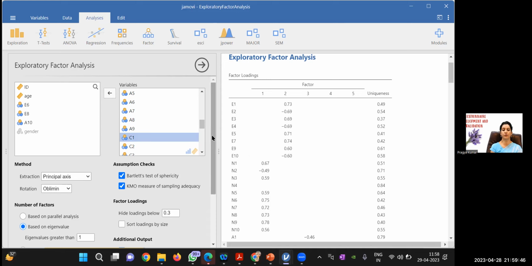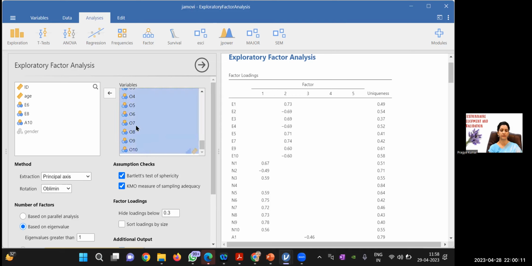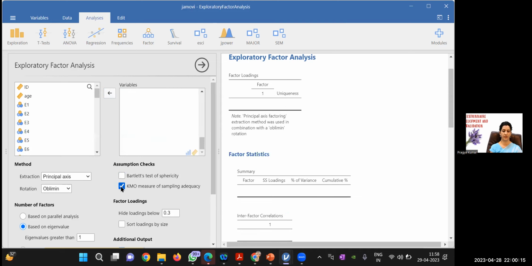Now coming again to stepwise. For this exploratory factor analysis, I'll move everything back and show it once again, how we have to go stepwise. So E1, I'll press shift. I will uncheck everything.